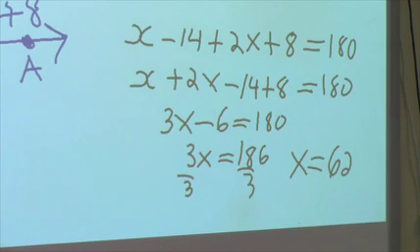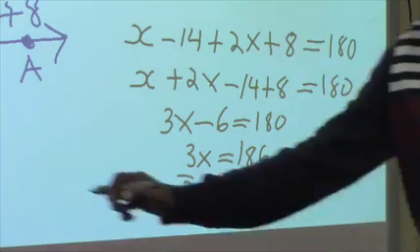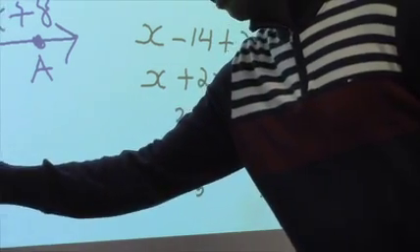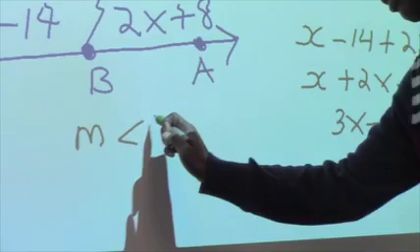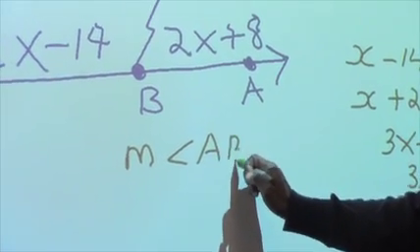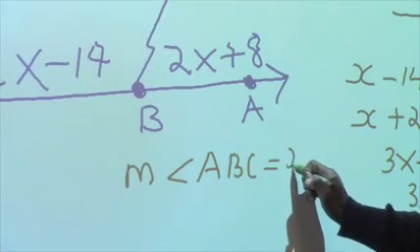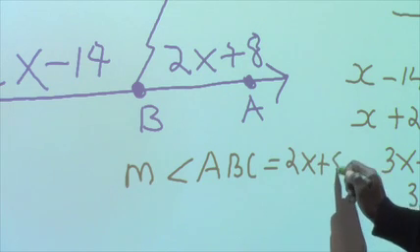But that's the measure of x. What we want to find is the measure of angle ABC. One of the ways we can represent the measure is to use M for measure of angle ABC. We see it's going to be given by 2x plus 8.